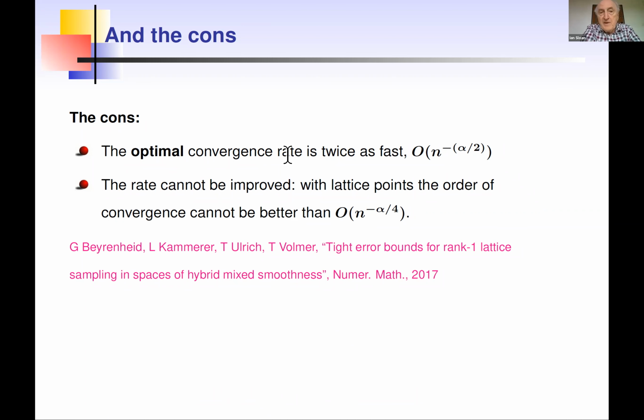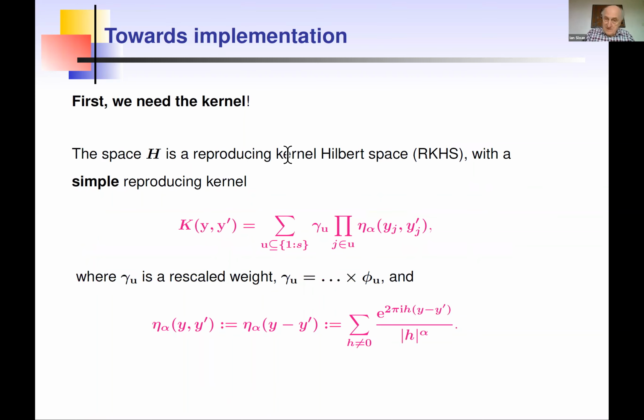Moreover, we know that the rate cannot be improved: with lattice points, the order of convergence cannot be better than n to the minus alpha on 4, due to a remarkable result from Byrenheid, Kämmerer, Ullrich, and Volkmer, "Tight error bounds for rank-1 lattice sampling in spaces of hybrid mixed smoothness." So that's a decisive con. You can hope to get methods with a better rate of convergence, but they are harder to implement. So, towards implementation.